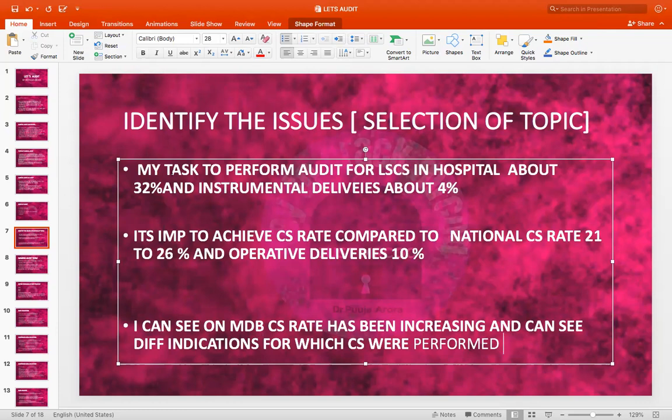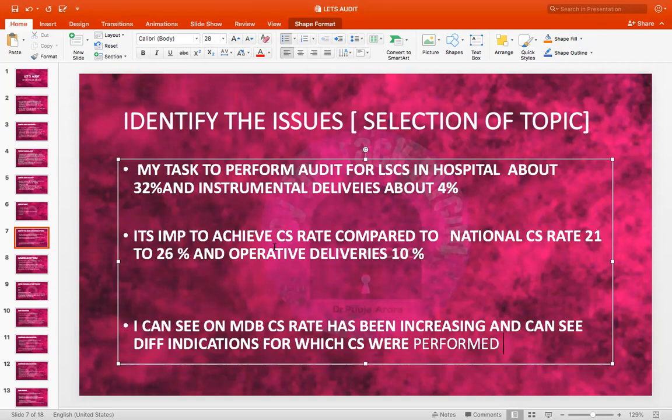So this you have to utter when you present the task in front of your examiner: my task is to perform an audit for LSCS in a hospital with about 32%, or whatever percentage they have given. It is important to achieve a cesarean section rate comparable to the national rate, that is 21 to 26%, and operative or instrumental delivery 10%.